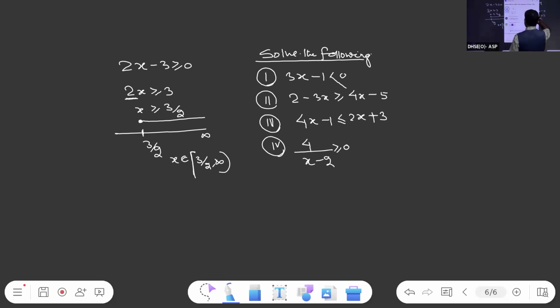Minus infinity to 1 by 3, minus infinity to 1, Arpita, Bharati, Gayatri. Yes, minus infinity to 1 by 3 is correct. Minus infinity to 1 is also correct. Good.